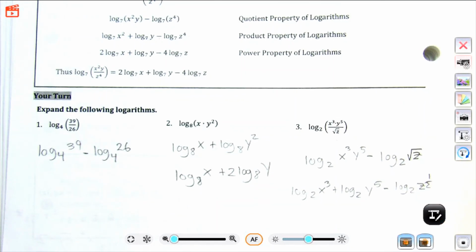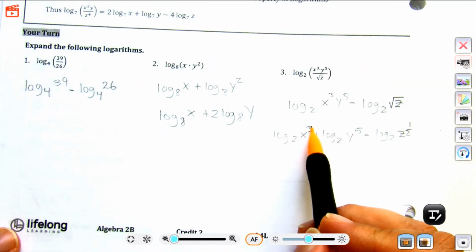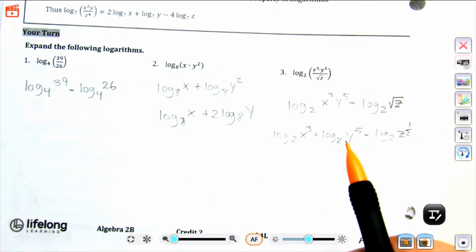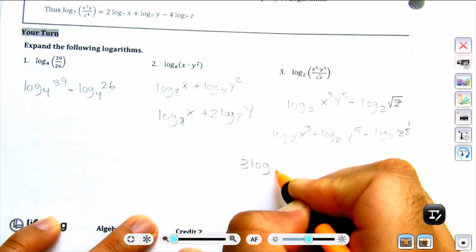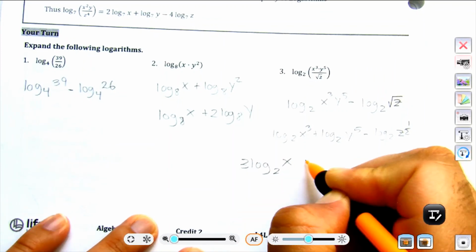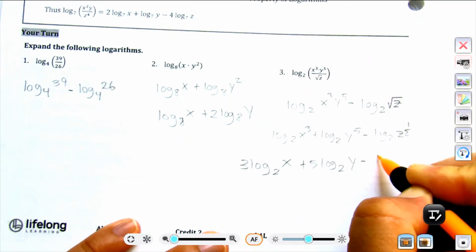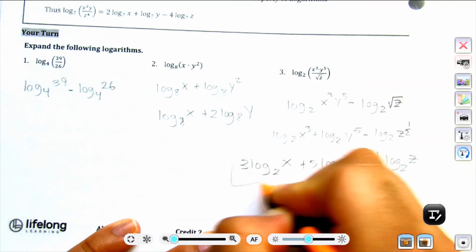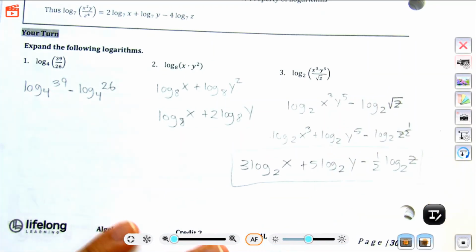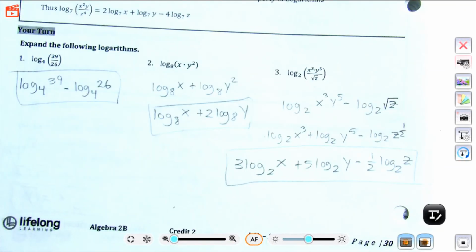And the last thing is giving these exponents, these powers, as coefficients using the power property. And we get 3 log base 2 of x plus 5 log base 2 of y minus 1/2 log base 2 of z. And that is your final solution. So 3 log 2 x plus 5 log 2 y minus 1/2 log 2 z.